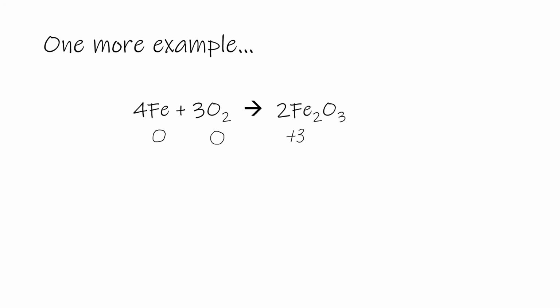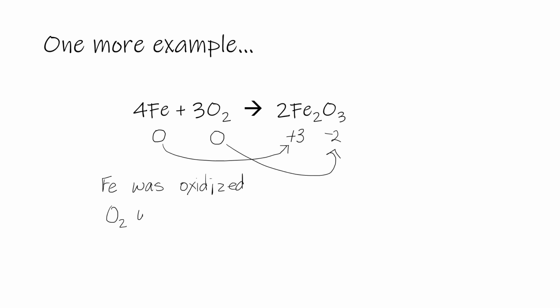It has a +3 charge for this compound. Oxide is a -2. So let's see what happens. Iron goes from 0 to +3. Its oxidation number increased, so iron, we would say, was oxidized. It lost electrons. Oxygen went from a 0 to a -2, so its oxidation number decreased. So oxygen was reduced.